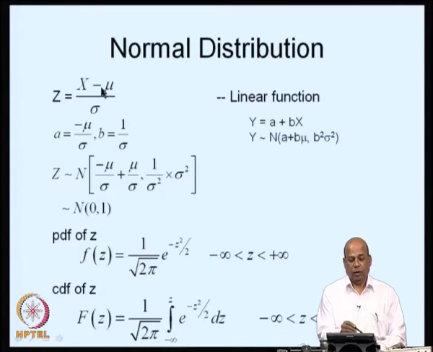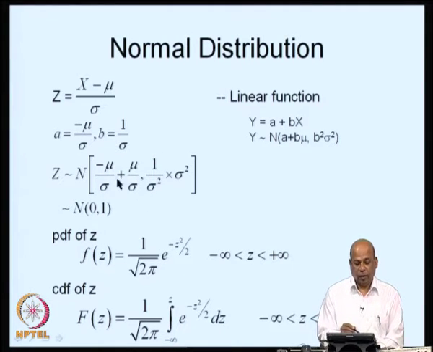Because y follows a normal distribution with a plus b mu as the mean and b square sigma square as the variance, substituting this here, z should follow a normal distribution with a plus b mu, which is 0, and b square sigma square as the variance, which is 1.